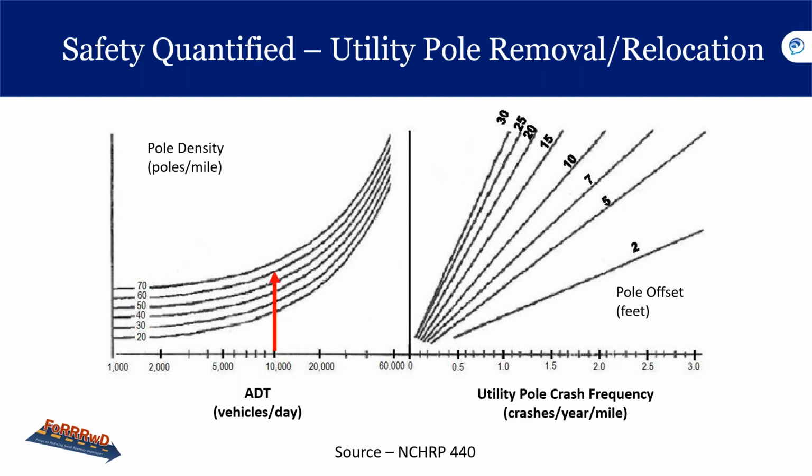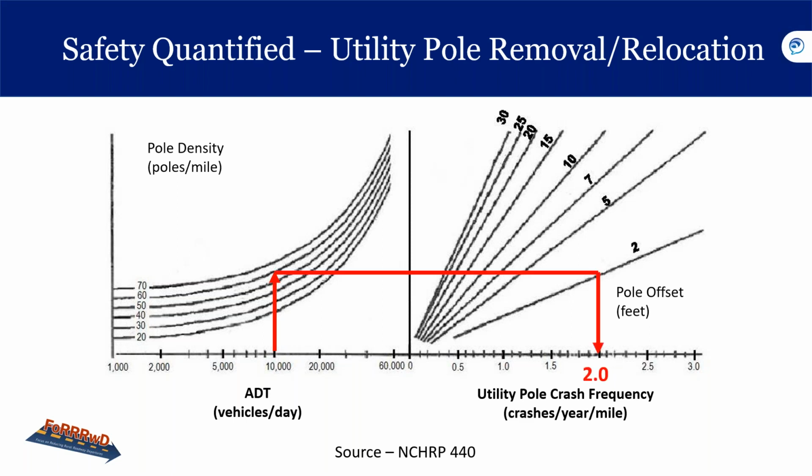So as we take a look here, with these red arrows that pop up, we're going to use a base case of 10,000 vehicles per day as our ADT. And as you can see, that red arrow goes up to a pole density of 60 poles per mile.